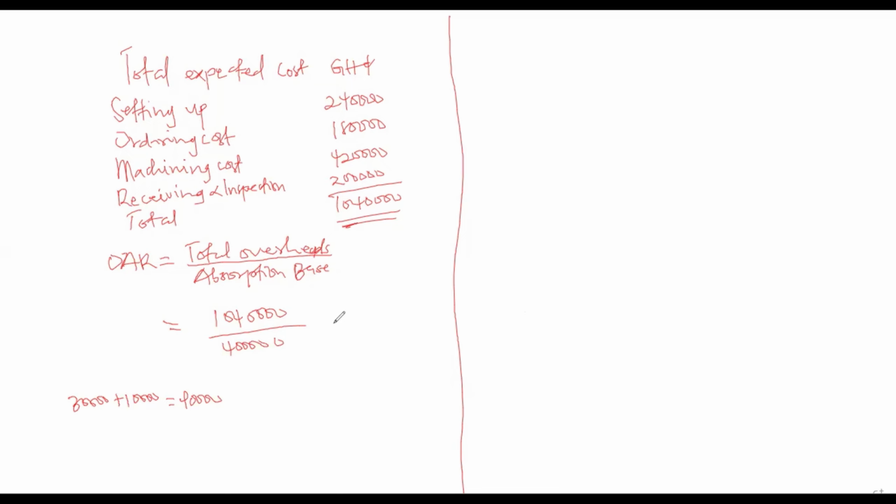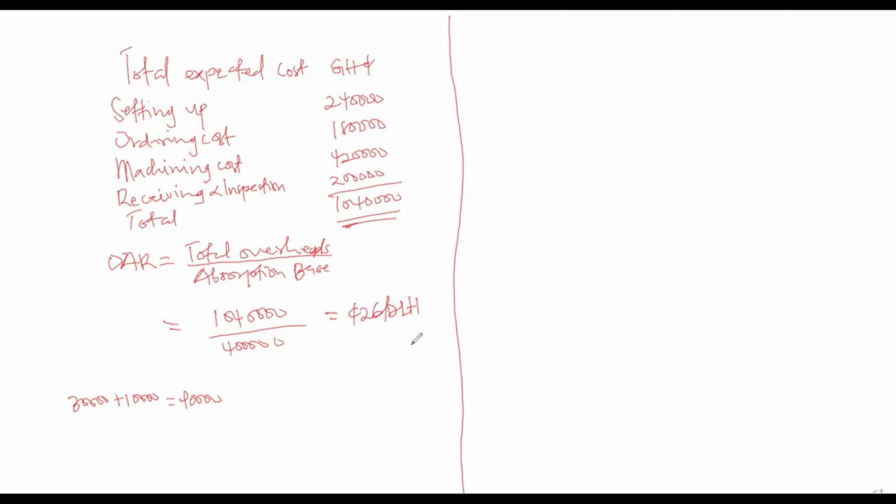So when we divide this, we have 26. So that is 26 cedis per direct labor hour. So that is the overhead absorption rate. That is when you want to do the traditional approach. What you have to find is the overhead absorption rate.